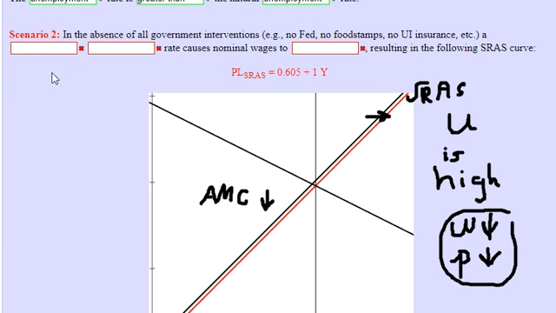Okay. So this must be unemployment. Unemployment rate, right? What is the unemployment rate? High. A high unemployment rate causes nominal wages to decrease. Let's see if that works.